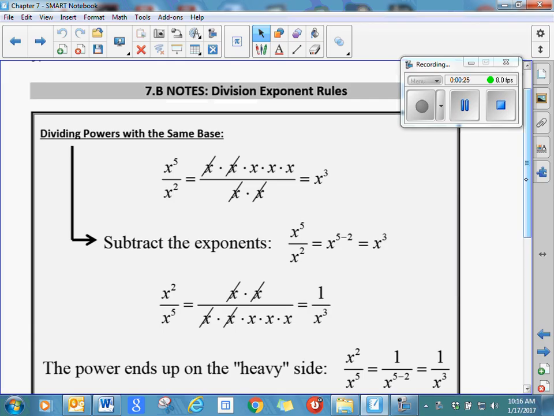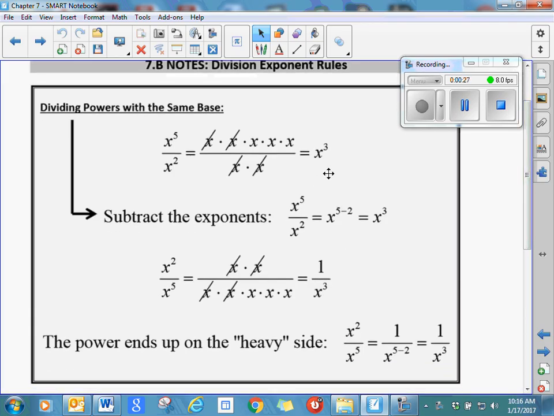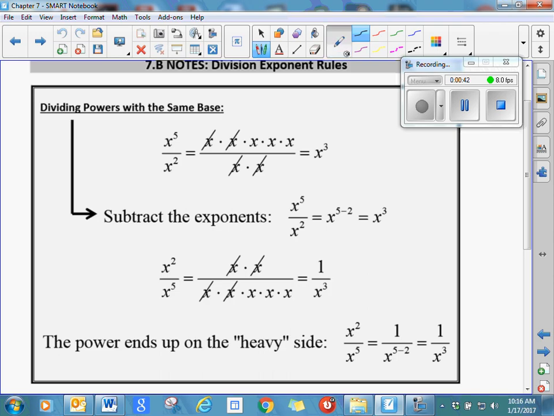So again, the explanation up at the top is just to show you what this looks like if you were going to expand it out on your own. x raised to the exponent of 5 divided by x squared. If you were going to stretch this out, it would look like this: x repeated 5 times as a factor, and in the denominator, x repeated 2 times as a factor.